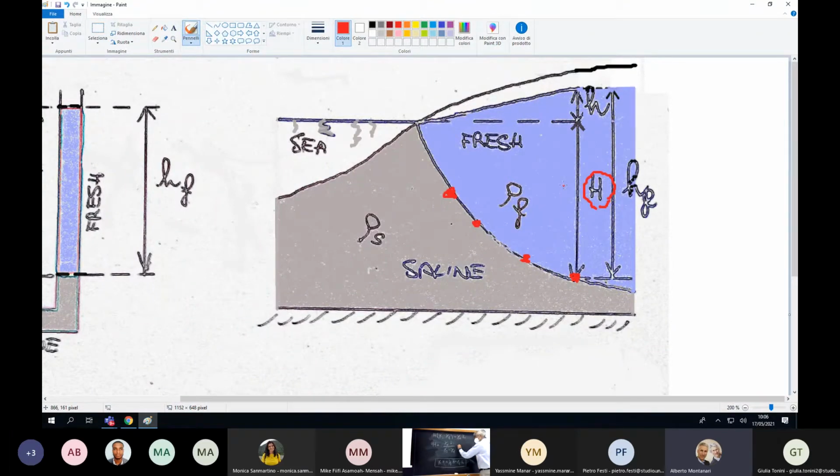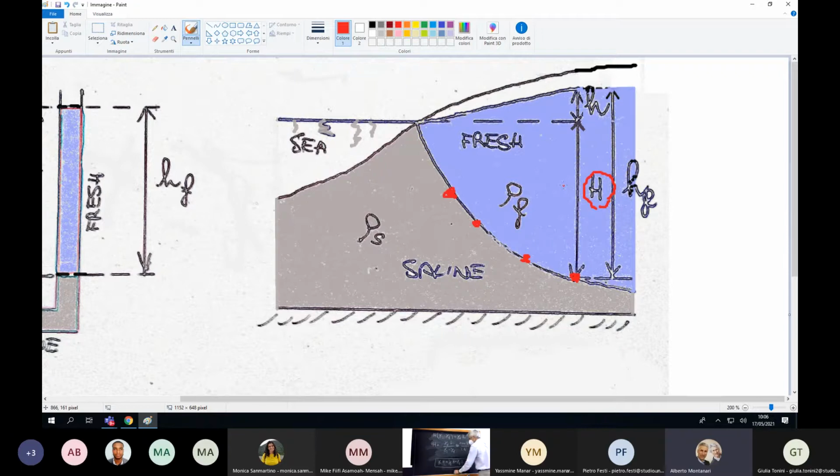Now, this is more or less equal to gamma freshwater is 1000 times lowercase h, and at the denominator we have 1024 minus 1000, it's about 25, or let me put 24, and this is more or less 40 lowercase h.